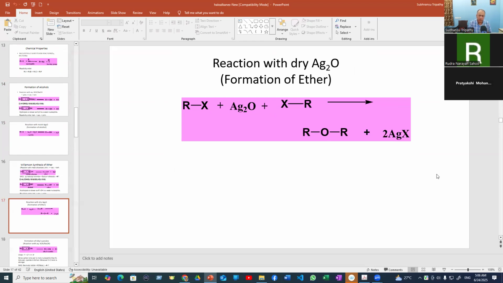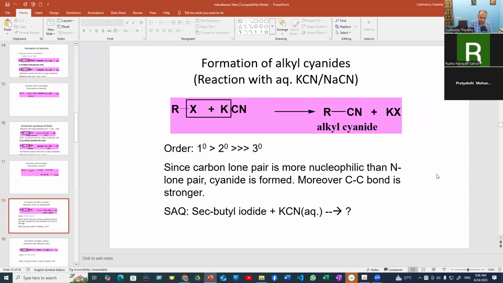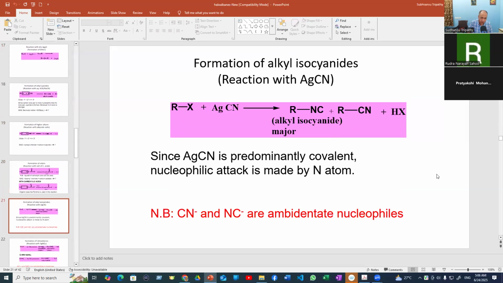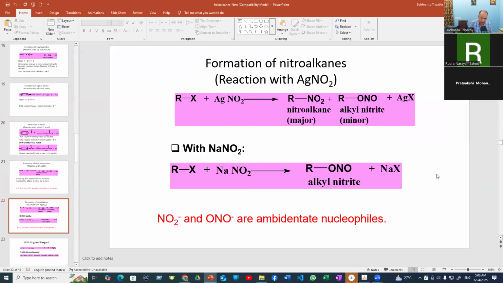In which conditions the elimination product will dominate and which mechanism will operate at that time. And in which conditions the substitution will dominate and what is the mechanism. We have already done all the substitution reactions, SN reactions.